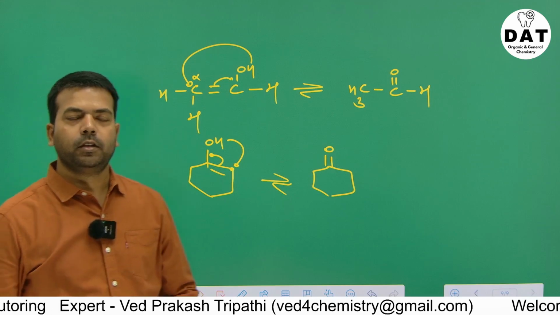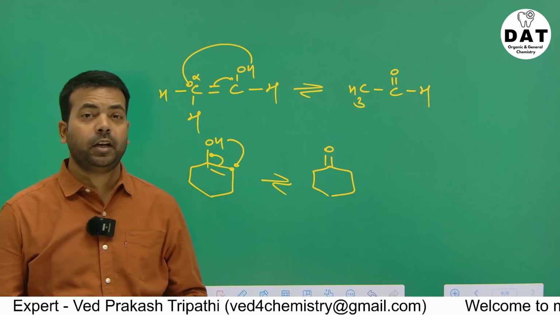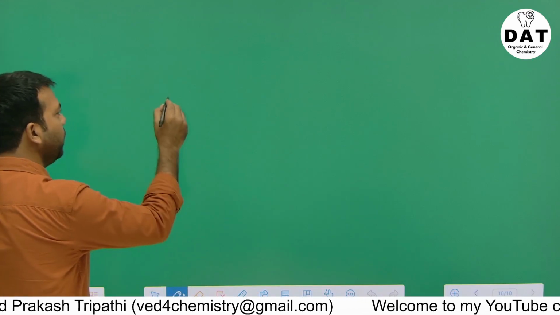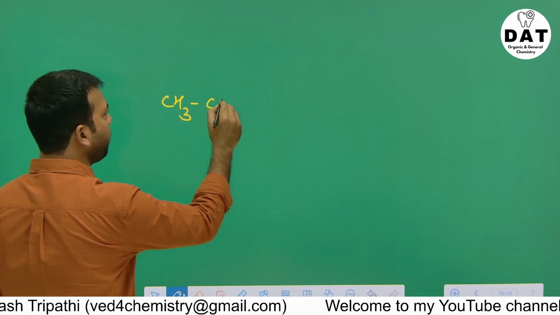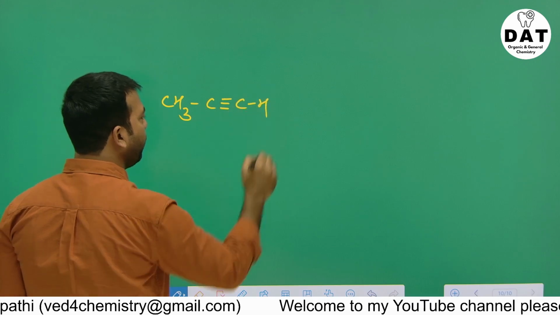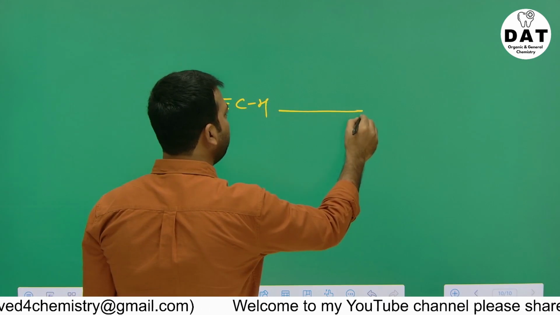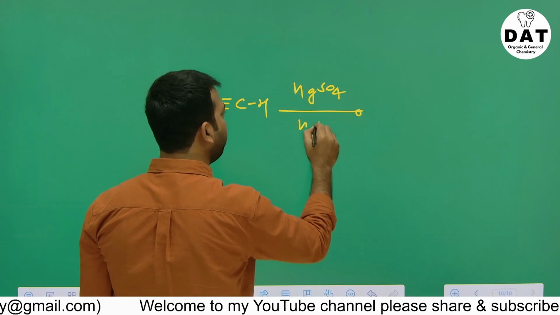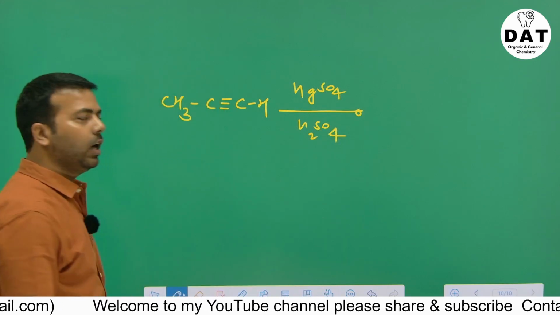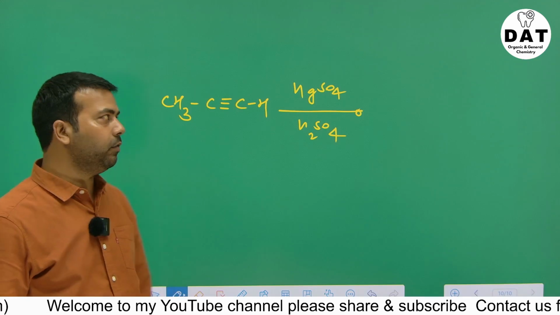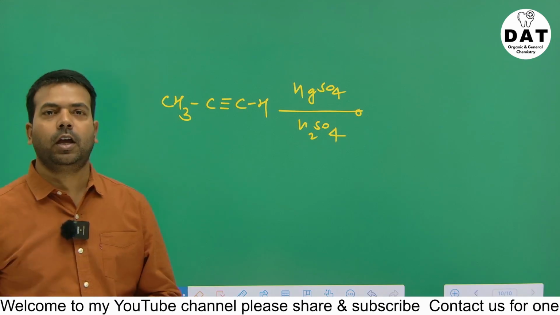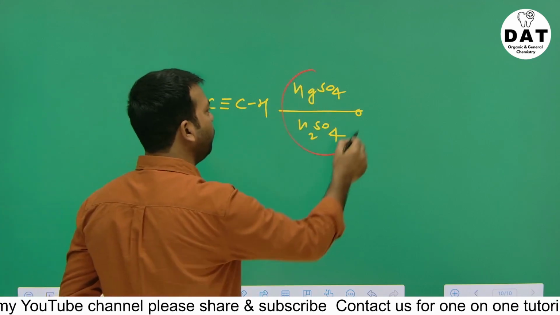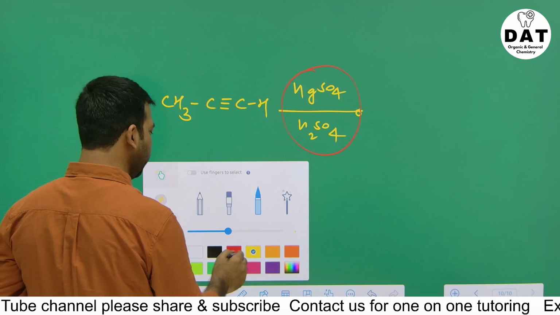Makes sense? So now we are going to apply tautomerism in a reaction. Suppose we have an alkyne and we are going to react it with HgSO4 with H2SO4. So this is a hydration of alkyne, and we all know it forms alcohol first with Markovnikov addition. It means it is an addition of water.